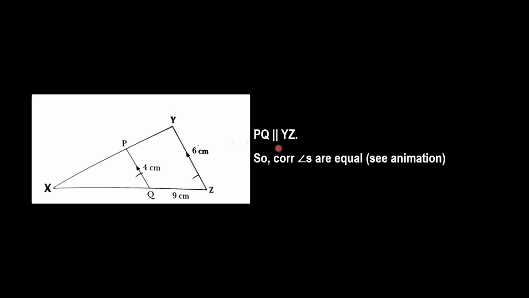Now, PQ is parallel to YZ, given. So the corresponding angles are equal. See the animation. The two angles shown by the animated arcs must be equal.